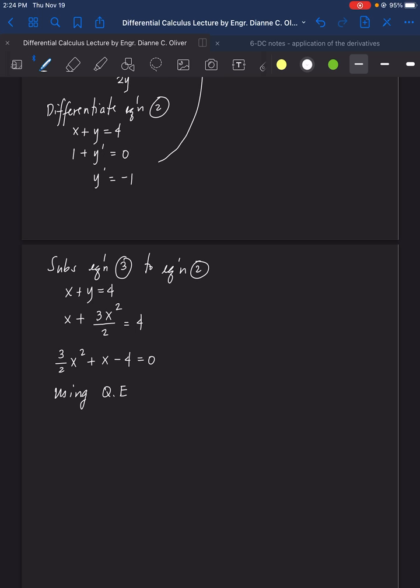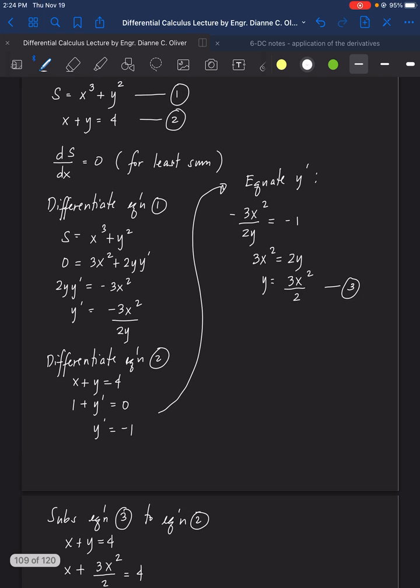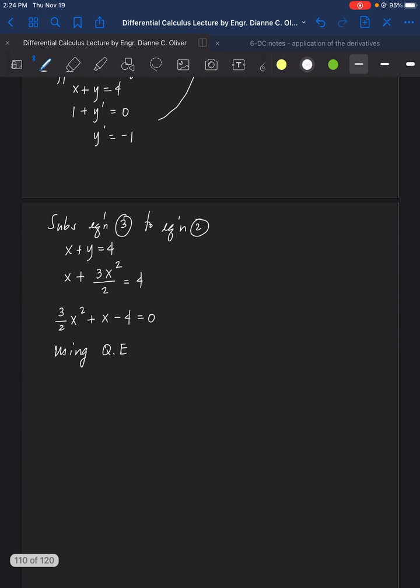Take note, we're looking for the values of x and y in order to get the value of s, or the sum. So using the quadratic equation, we have the formula over 2a. Now this is our a, this is our b, and then this is our c.